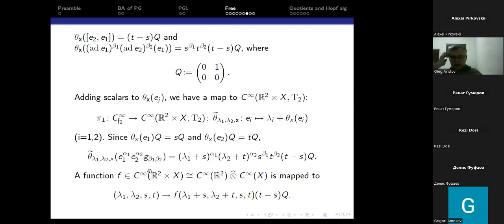So we apply it to elements of this linear basis and we have this product. When we consider the result for polynomials and next for smooth functions, we see that we just have a function with some linear change of variables multiplied by powers of t minus s and Q.